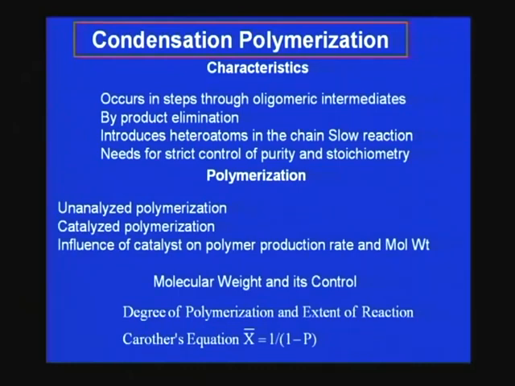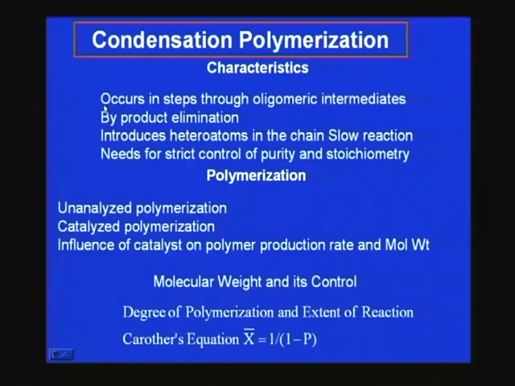Now, let us concentrate our attention on these principles of condensation polymerization. As I mentioned earlier, let us look into the characteristics of this condensation polymerization. Once again, I am telling this condensation polymerization occurs in steps through oligomeric intermediates.